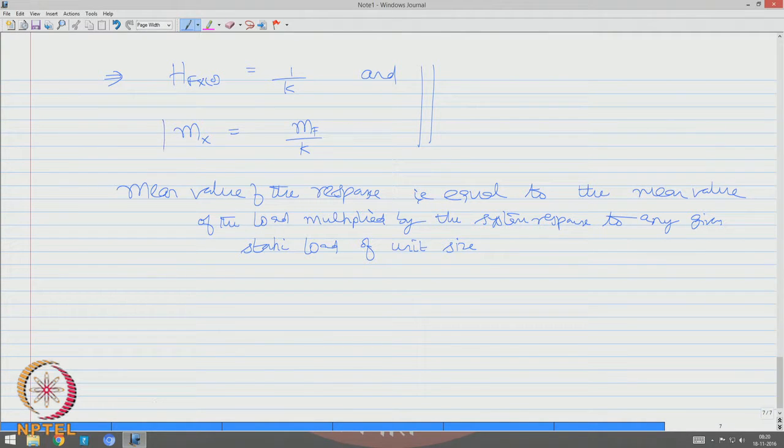So, that is a very interesting advantage we gain by saying this statement.